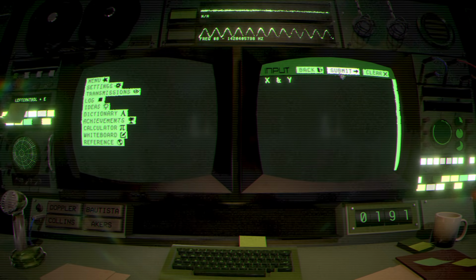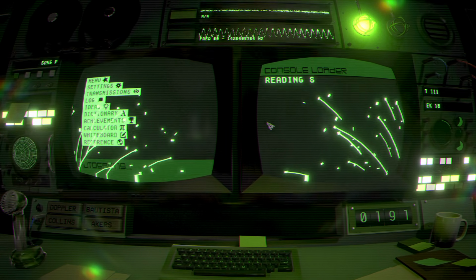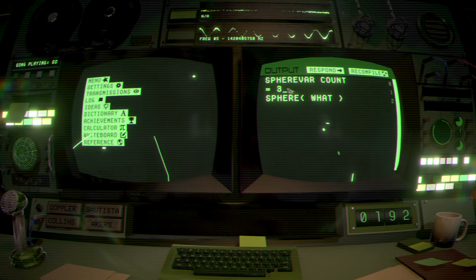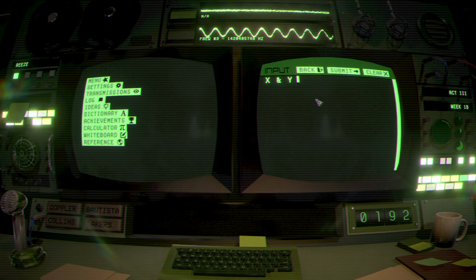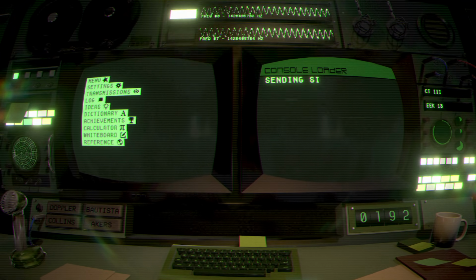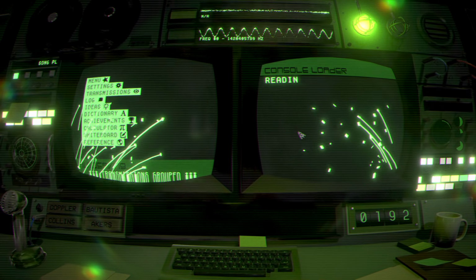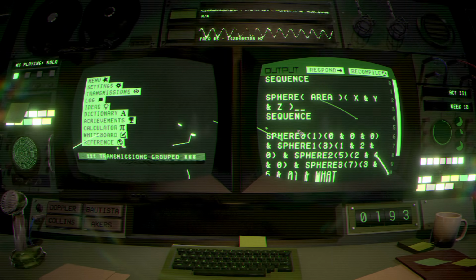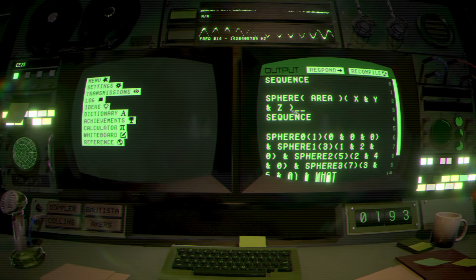Is that what they're asking? Yep, okay. We understand that. And a sphere has what? A sphere has an x and a y, and a z. Beautiful. Alright, these ones are making a lot of sense to me. Okay, now we're getting interesting. So a sphere.